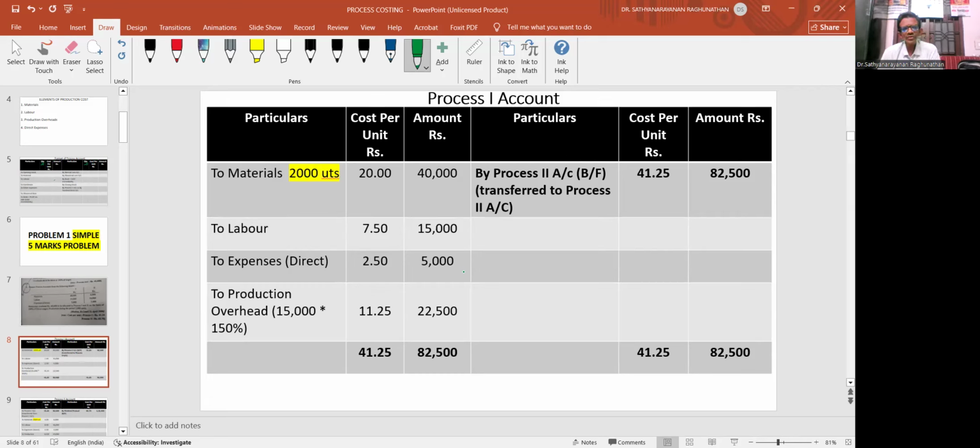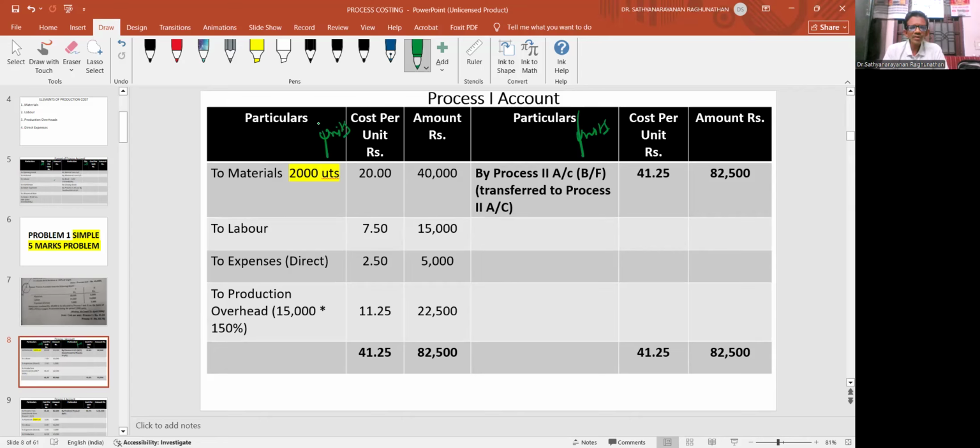You are not going to put units for the labor, direct expenses or production overhead, so I have not separately opened a units column. But in an examination or when practicing problems, it is highly advisable to open a separate column for units, whether you fill it at one place or at all places. Please take this into consideration.